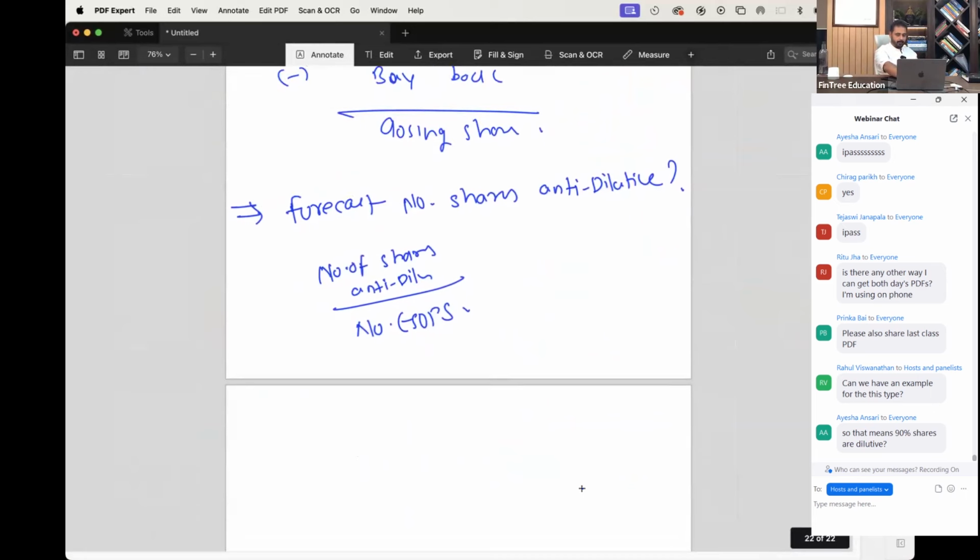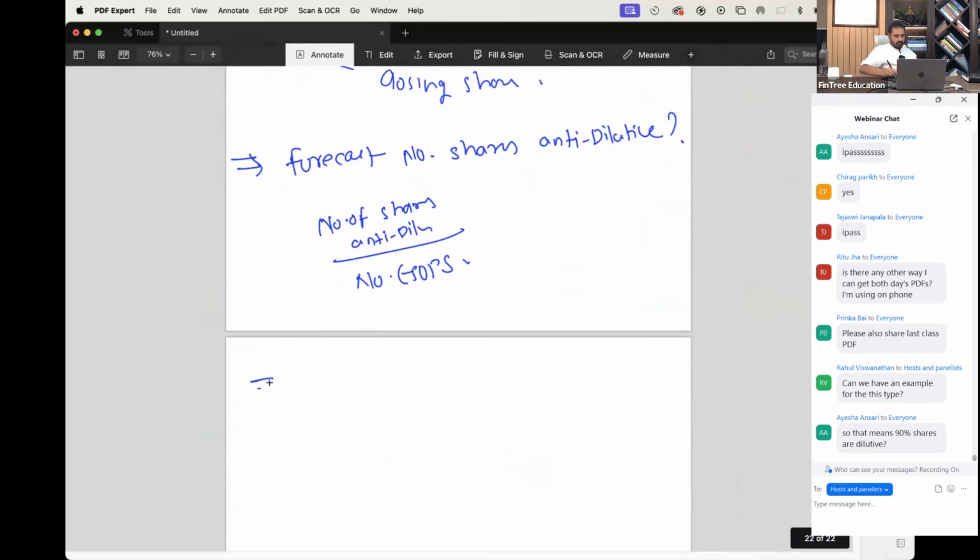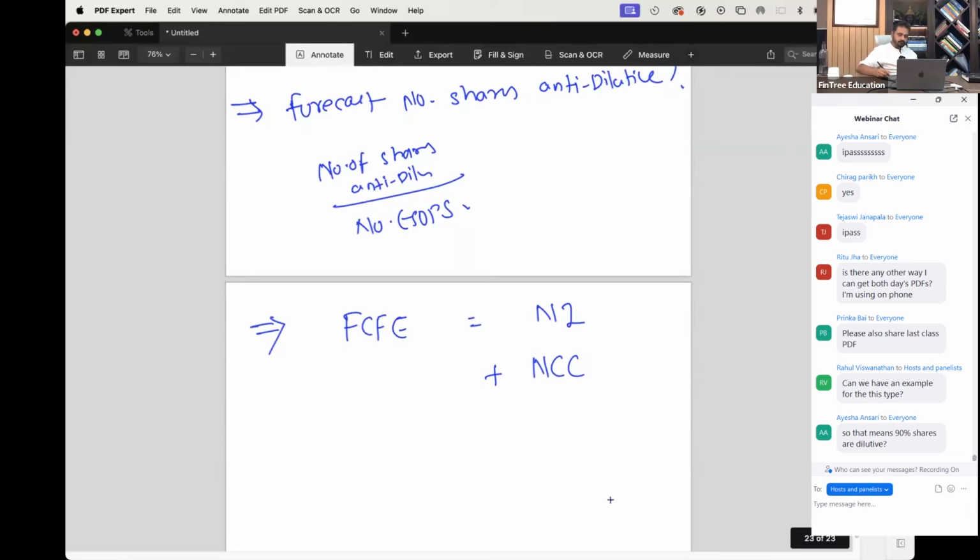Then one more thing. One more financial modeling implication. When I calculate FCFF or FCFE, what do I do? I take net income plus non-cash charges plus other items, and then plus others. I'm just writing others, I don't want to get into minor items. That gives me FCFE.